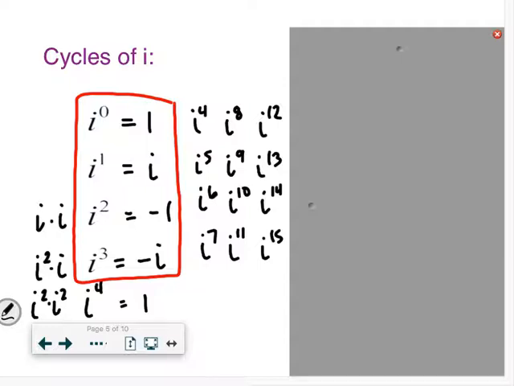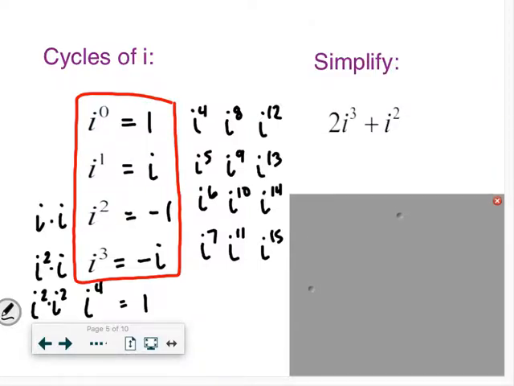Now, sometimes we'll get problems like this, and you're going to do some operations with complex numbers in just a little bit. If it's not in standard form, a plus bi, you would use the cycles of i to simplify it. So if I have something like 2i cubed plus i squared, I have to think about the cycles of i. i cubed is really negative i, so I'm going to show my work here. 2 times negative i plus i squared, which is really negative 1.